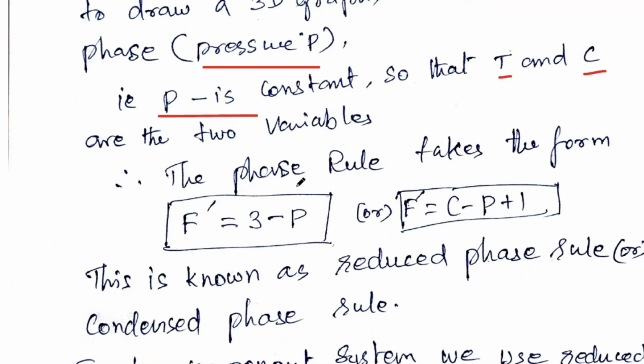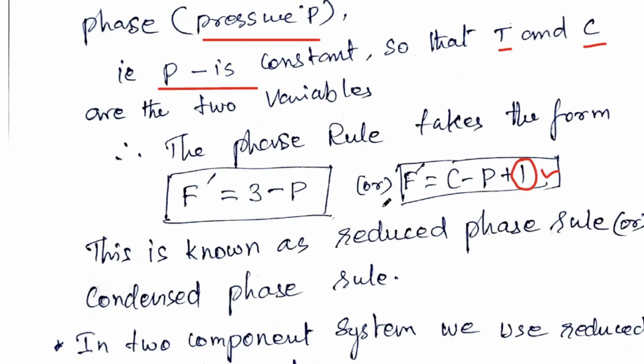Now the phase rule takes a different form because we have eliminated one variable, that is pressure, and therefore only temperature will be there. The phase rule becomes C minus P plus 1. That's why I represented it as F dash.